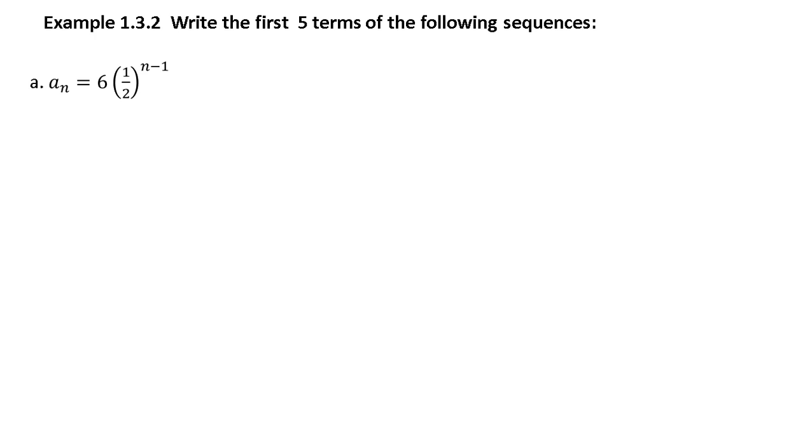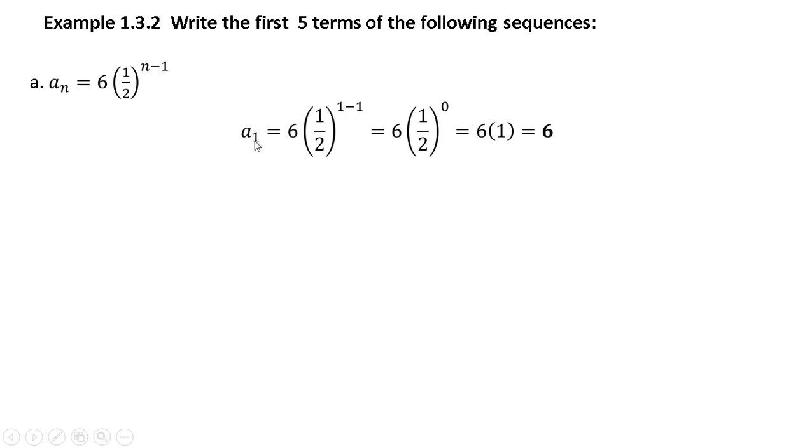Write the first 5 terms of the following sequences. So we are given a sub n equals 6 times 1 half to the n minus 1. If we go back to the formula, this is the a sub 1 and this is the r, right? So a sub 1 equals 6 times 1 half to the 1 minus 1 for n, since this is a sub 1. So we have the exponent 0.